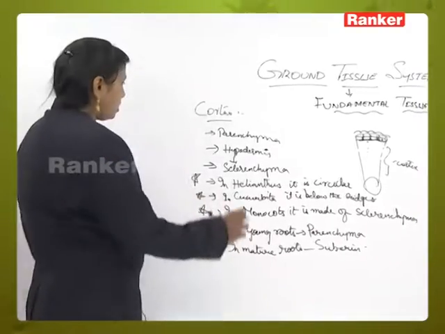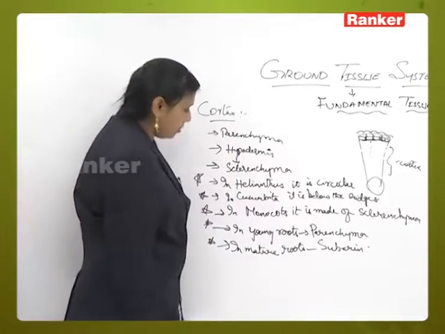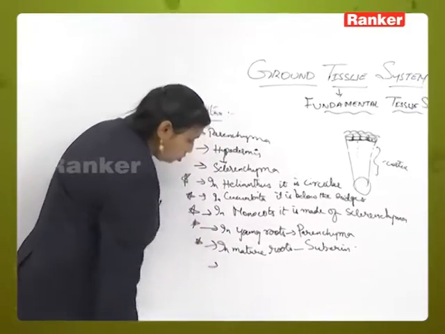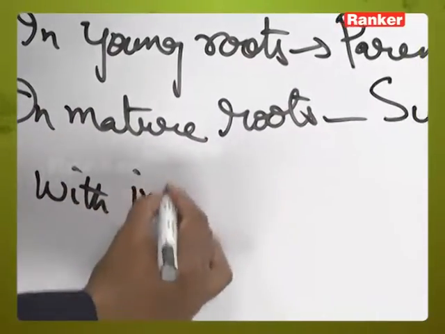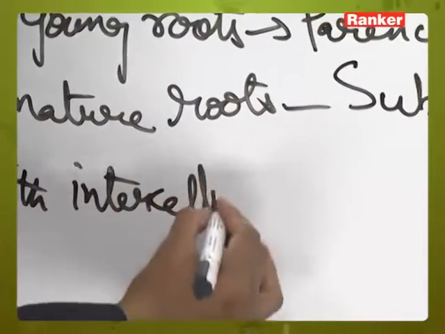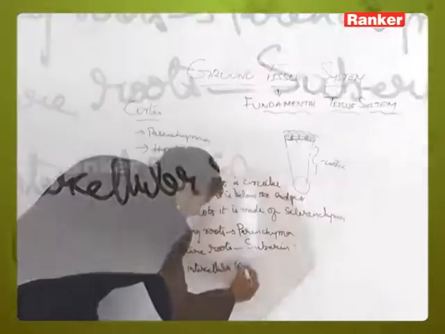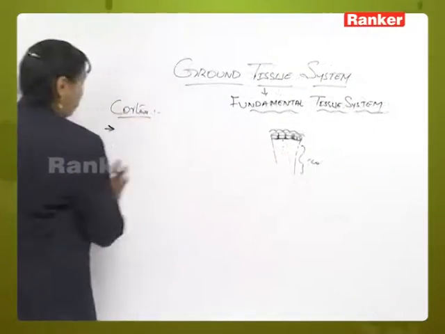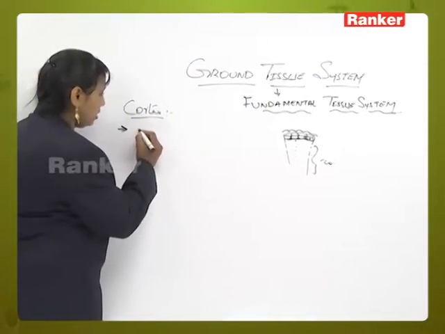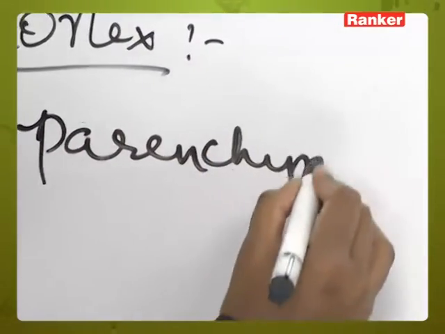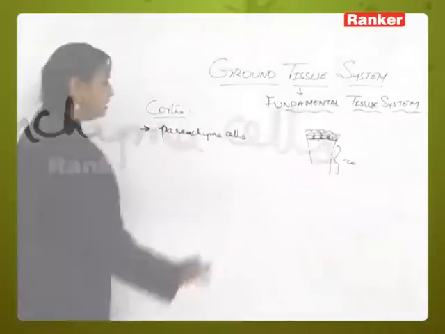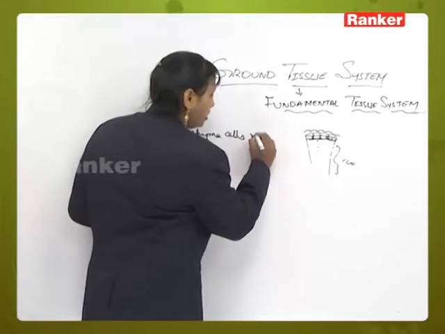Now, as we said, cortex is made up of parenchyma. The parenchyma cells are loosely arranged with intercellular spaces. Okay, as I said earlier, the cells of the cortex are parenchyma cells, and these cells have intercellular spaces.